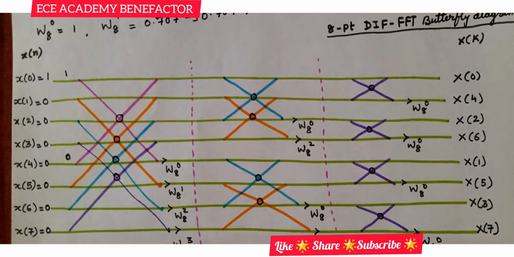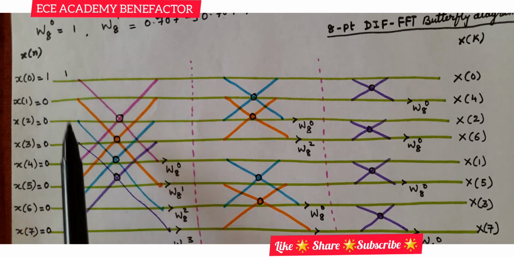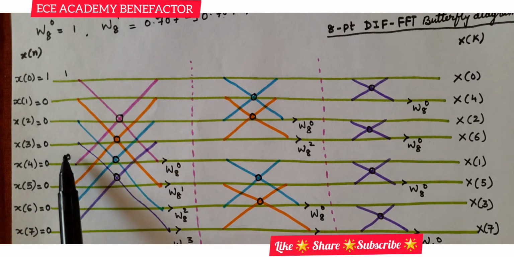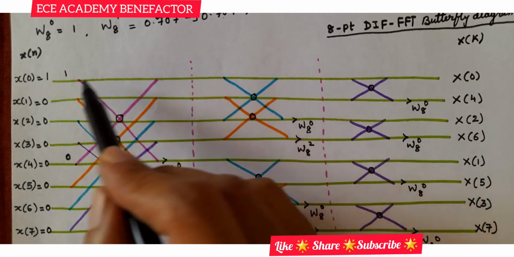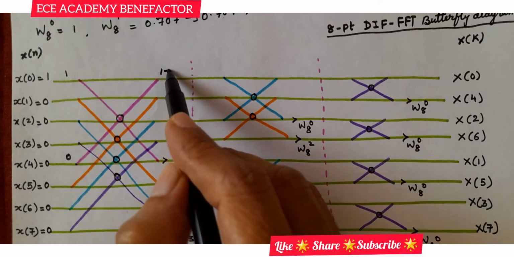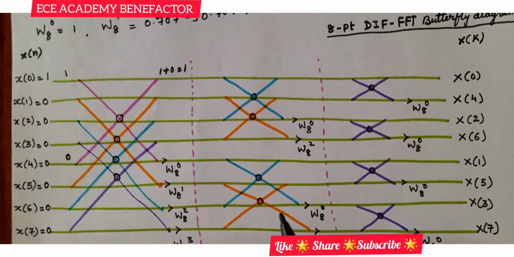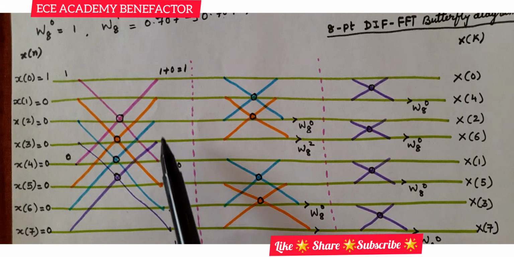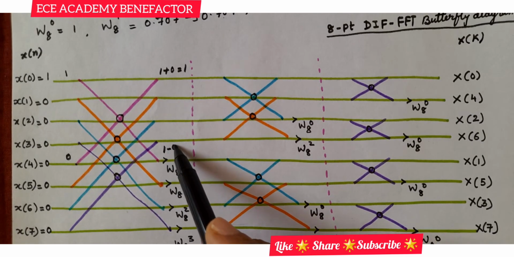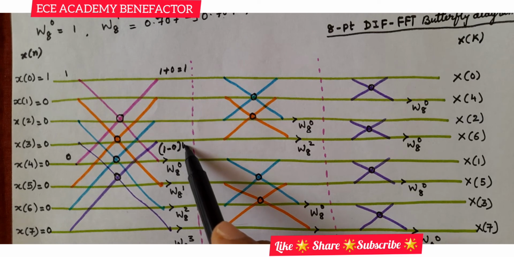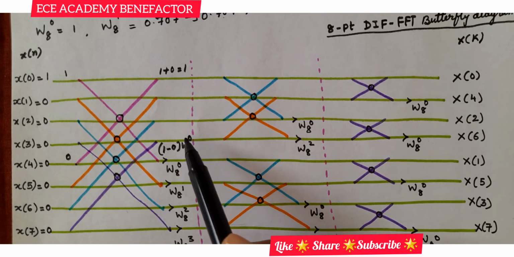So if you look at this pink butterfly, the input is 1 and here it is 0. So what will be the output here? A plus B. So A plus B means 1 plus 0, which is coming to be as 1. Okay, and what will be the output here? A minus B, that is 1 minus 0, W8 to the power of 0. What is W8 to the power 0? 1.